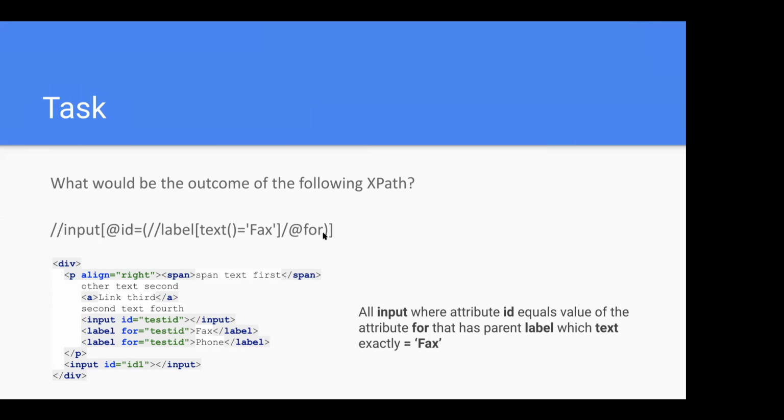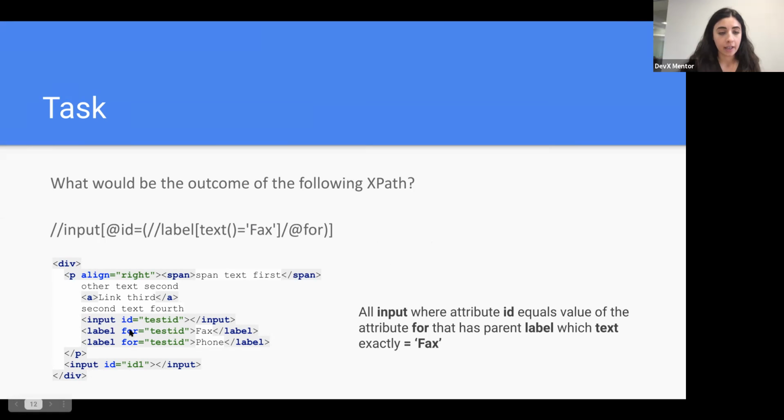It looks also for attribute for to have, and the label text of the label supposed to equal facts. So this is going to be this line. It's all confusing though, but I think that it sometimes helps to read from different sides, not only from left to right, but also from right to left, because probably it can be even more complicated than this one.